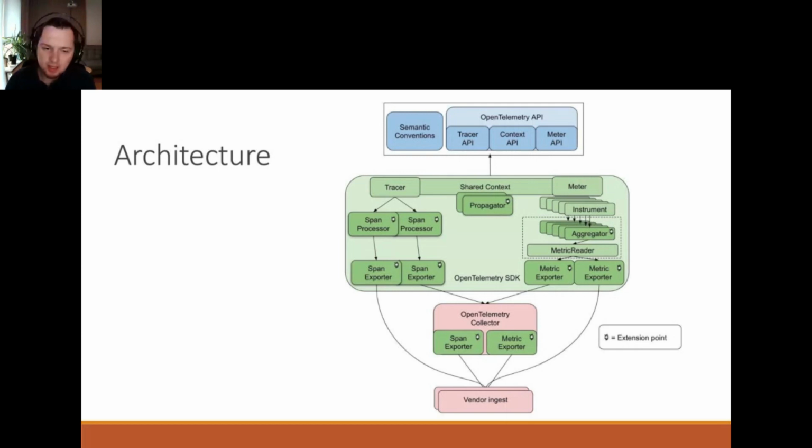Then you have the SDK that actually implements that API. And then a very important part is the collector. The collector, as the name implies, collects the data, and it has three parts: receivers, processors, and exporters.